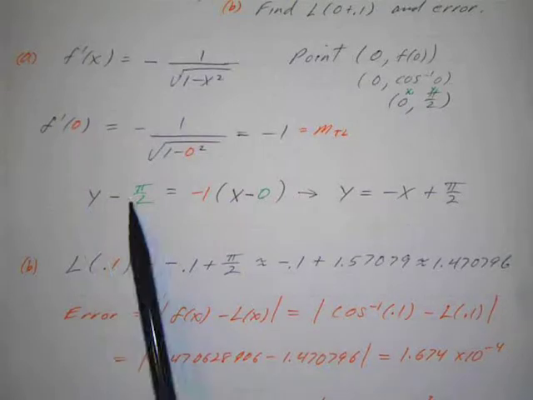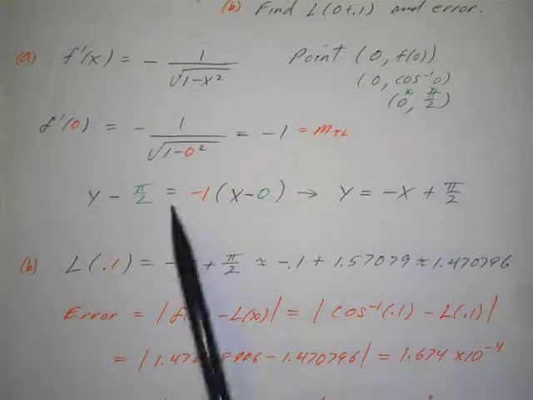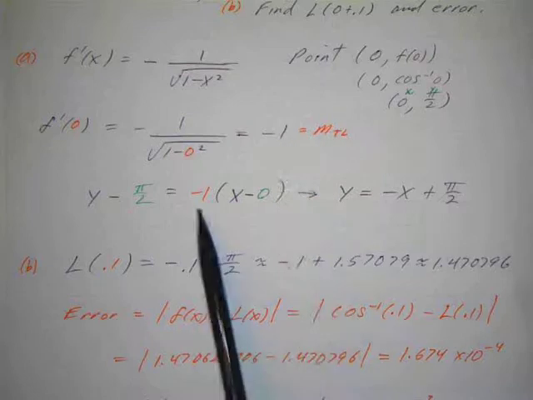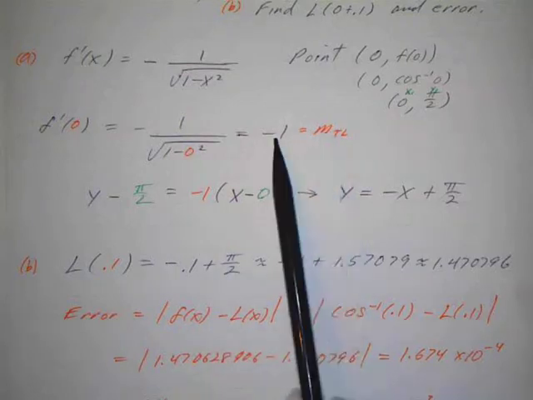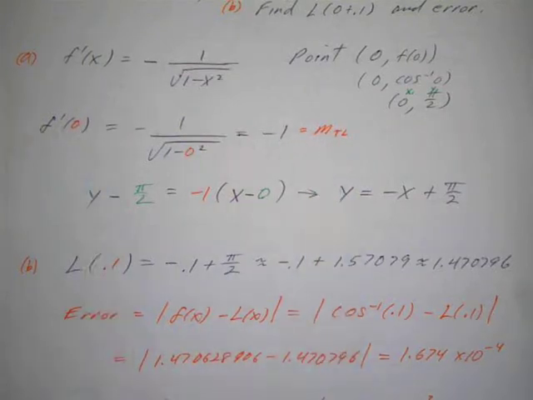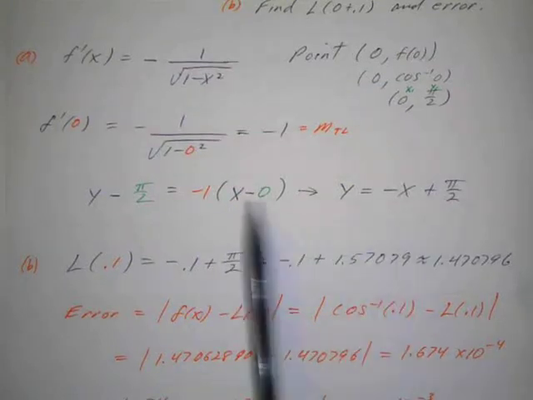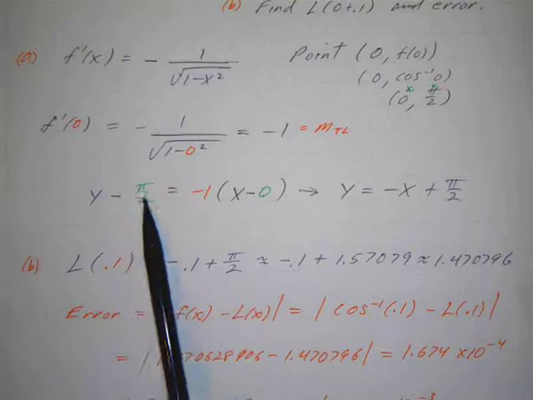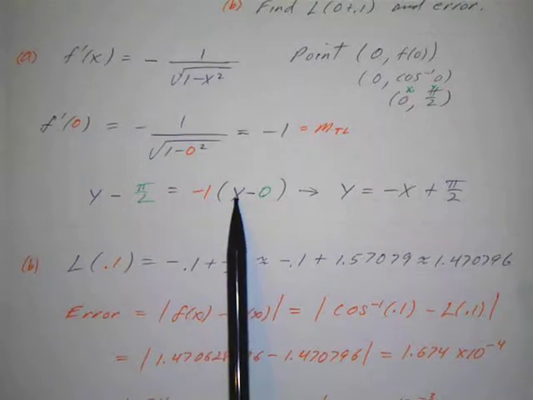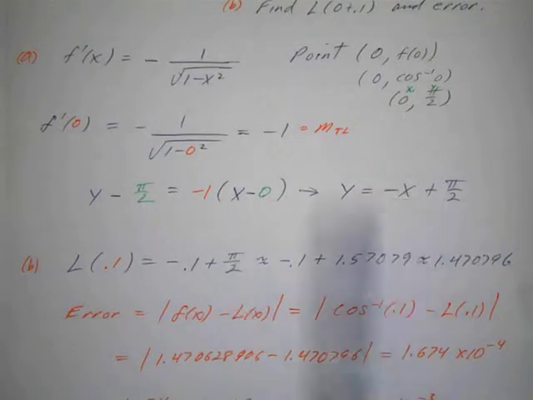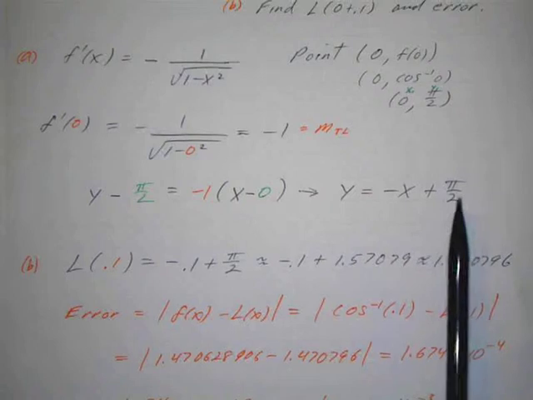So I have y minus y1 equals m times x minus x1. And then this implies that y equals negative x, and 0 is just negative x. Put this on the other side, it becomes plus pi over 2.